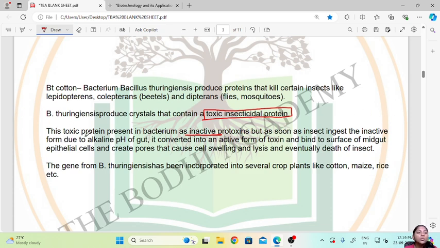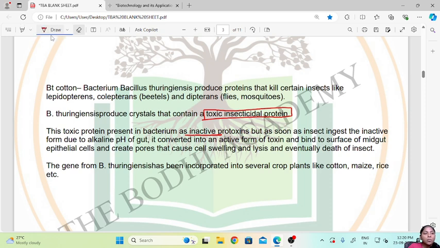But as soon as insects ingest it, when these insects eat the plants which contain this toxin, due to the alkaline pH of the insect's gut, it is converted into the active form of the toxin.